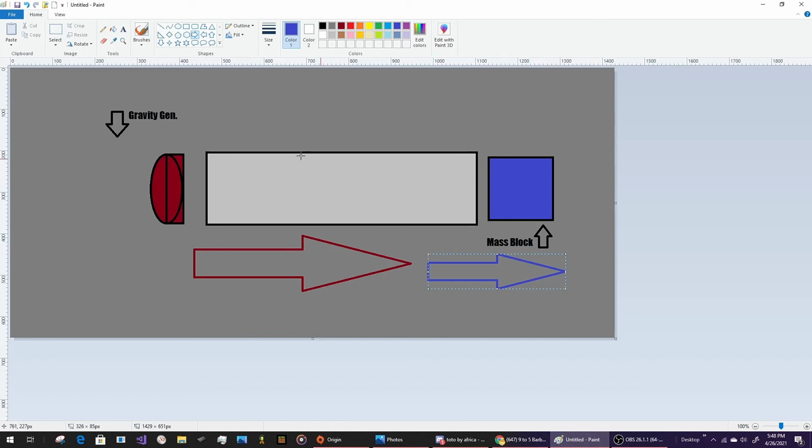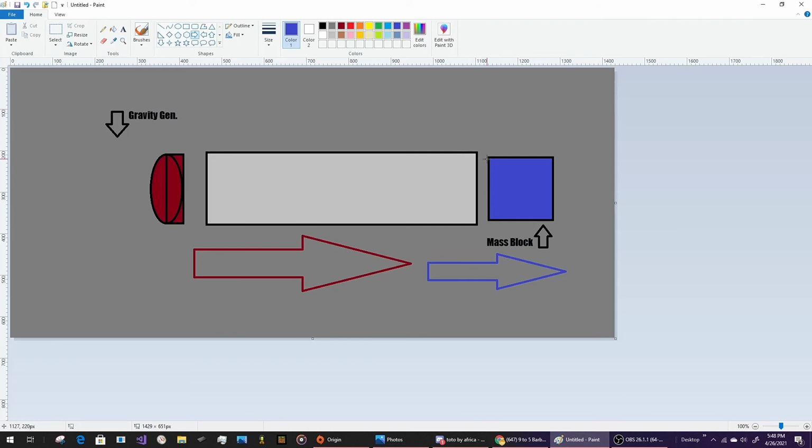But because there's the ship in the center, the ship causes the force to only go in the one direction.